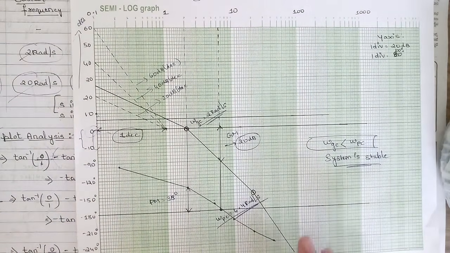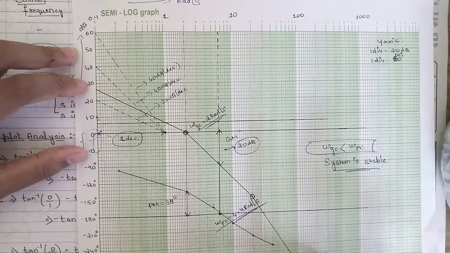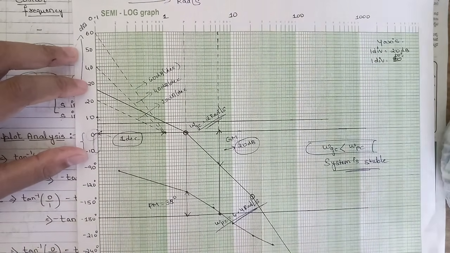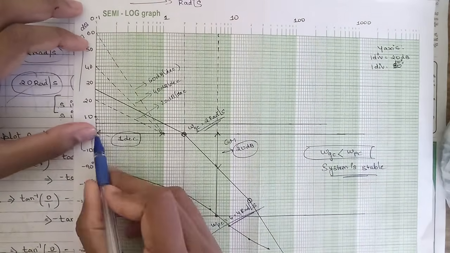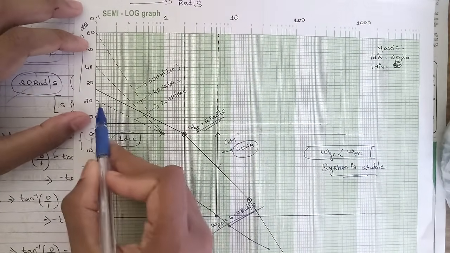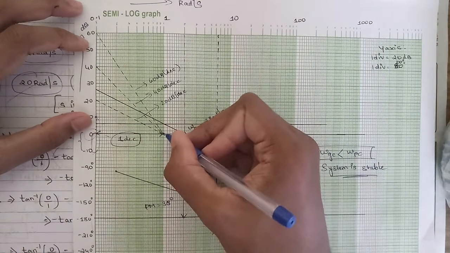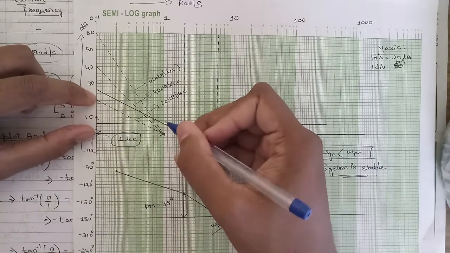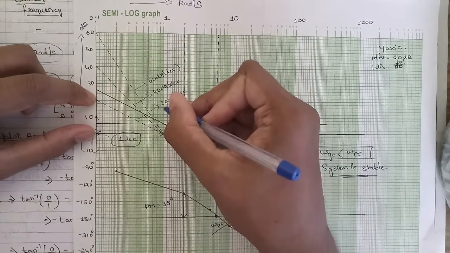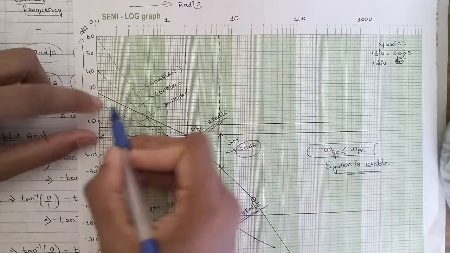One more thing: we have one more trick to calculate slope. To calculate any slope, we know that this is one decade. To draw the 20 dB per decade line, from this point take 1 inch in scale, and this is 1 decade.